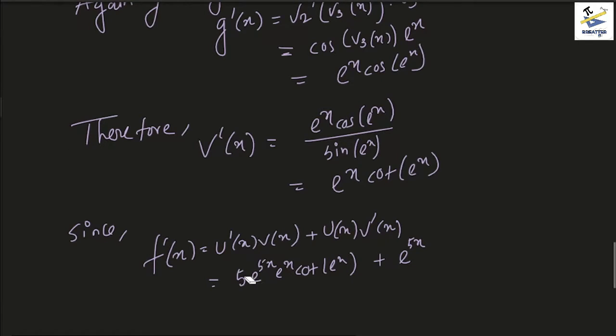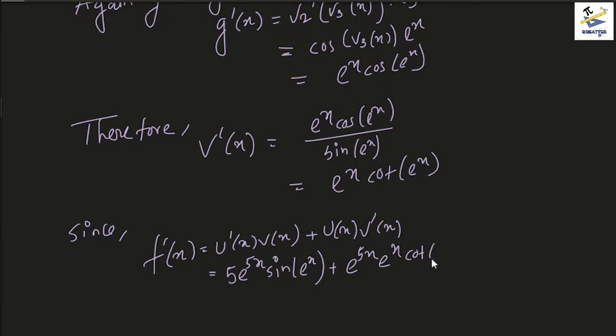Actually this one would be only v'(x), so not this part. So it should be 5e^(5x) times v(x), and v(x) is just sin(e^x), plus e^(5x) into e^x into cot(e^x), right?